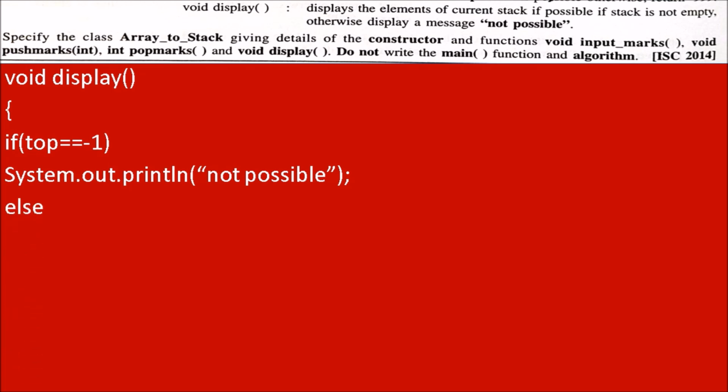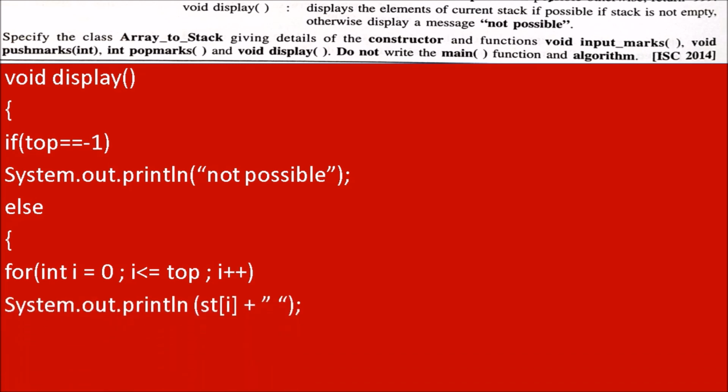Otherwise, to display the elements of the stack, we will not go till size, we will go till the last element. That means your indexing will start from 0 but will reach till the top index only. So we run the loop as int i equals to 0, i less than or equal to top, and i plus plus, and we display the stack element as st[i]. So this is your display function.